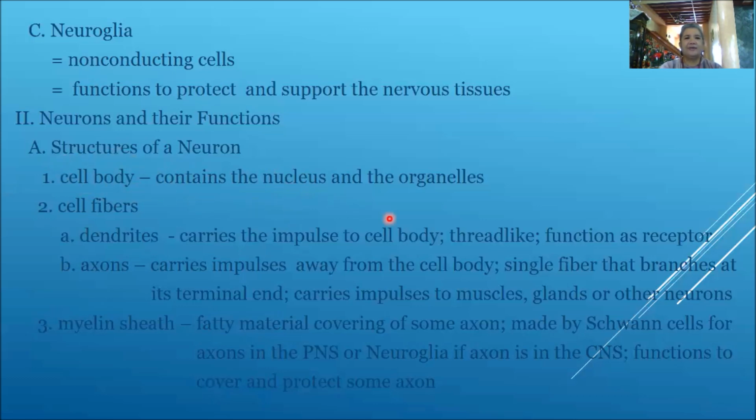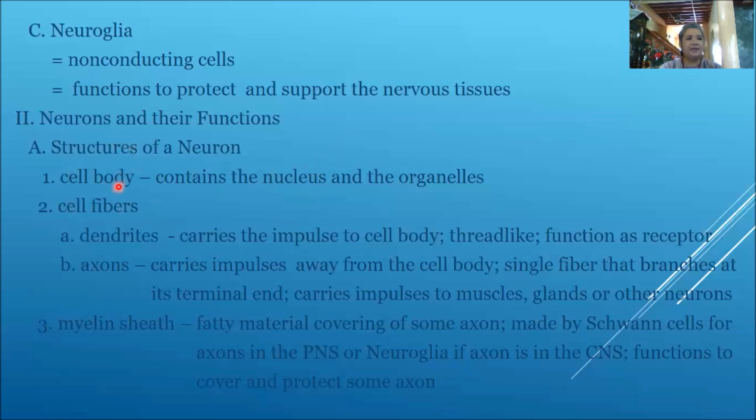And the organelles found within the cell body are just like the organelles found in the other cells in the human body. If you remember, the mitochondria and the lysosomes are present also in the cell body of the neurons. As I have said, the nucleus in comparison to the size of the cell body is relatively bigger.